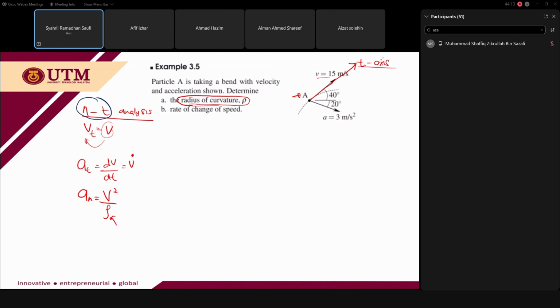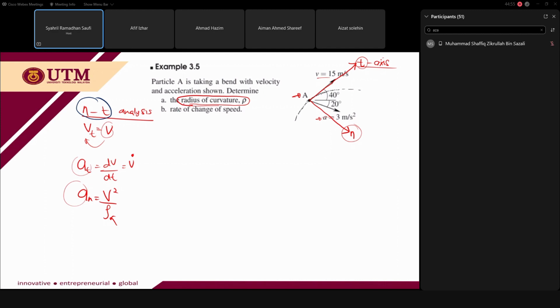The N axis is 90 degrees to the tangent axis, and N is always inward of the curvature. You are given the total acceleration here, so if you want to determine AT and AN, you can resolve this A into the T and N axes by the given angles.